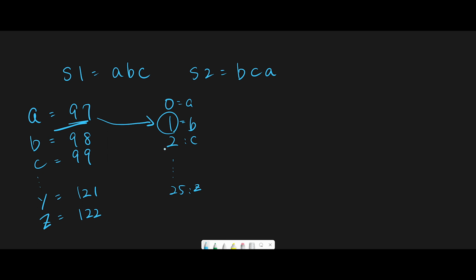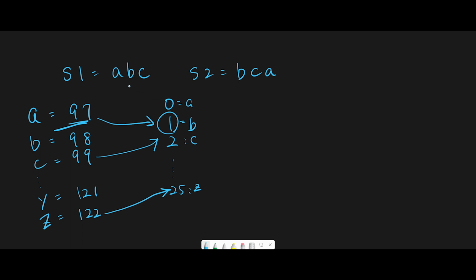How about C? If we want to access index 2, we just do 99 minus 97. So that's why we can access index 2, right? And same thing, if we want Z, we subtract 97 from 122. That is 25, right? So that's why we can access index 25. So that is the basic idea.